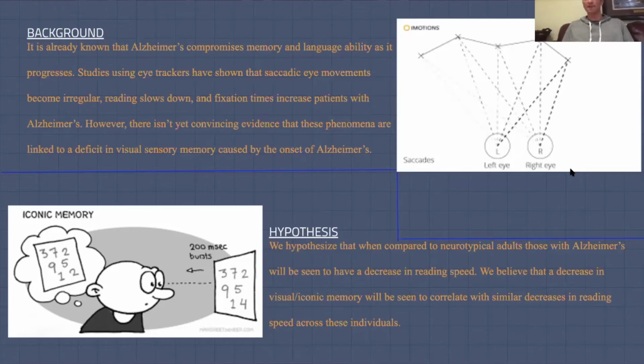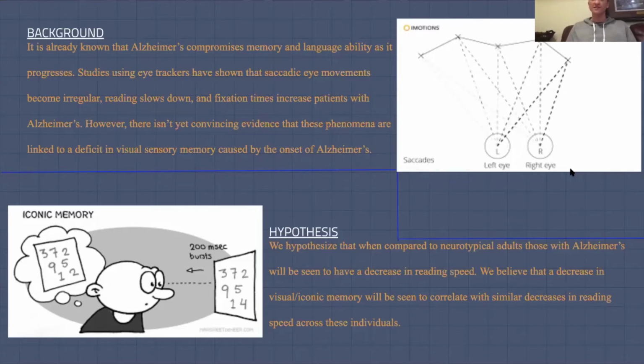And so saccadic eye movements are pretty highly correlated with reading speed. One thing that's been shown in those with Alzheimer's again and again is that people with Alzheimer's have irregular saccadic eye movements, which results in reading slowing down and increased fixation times, meaning longer periods of time between each saccadic eye movement.